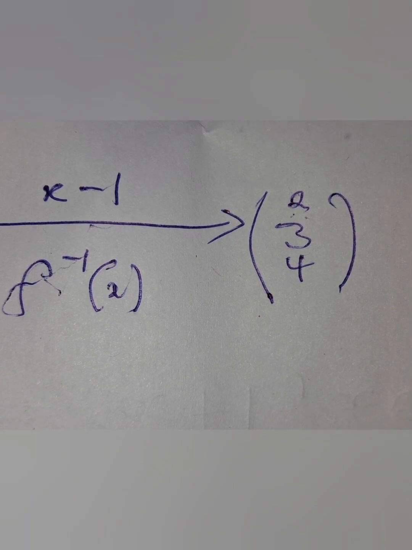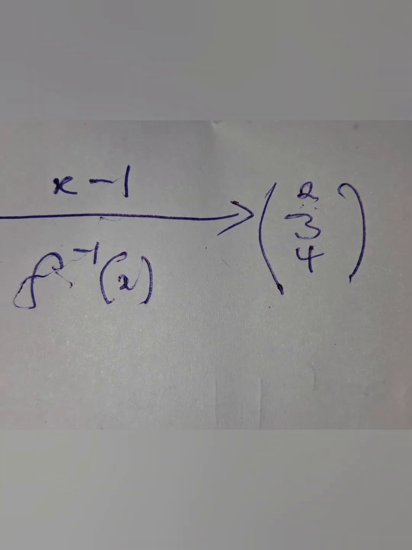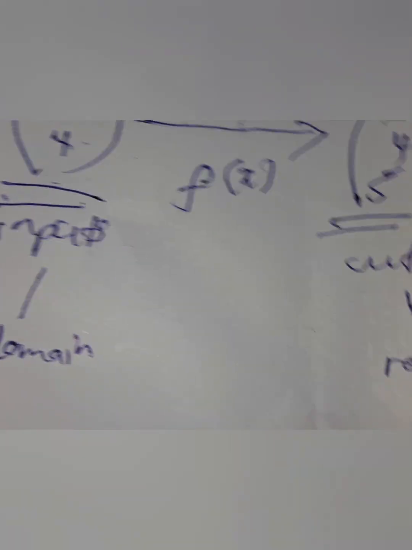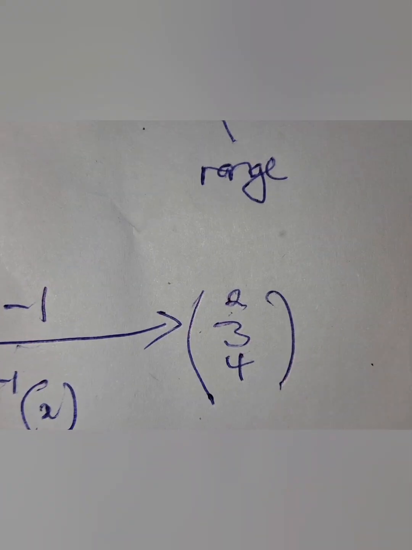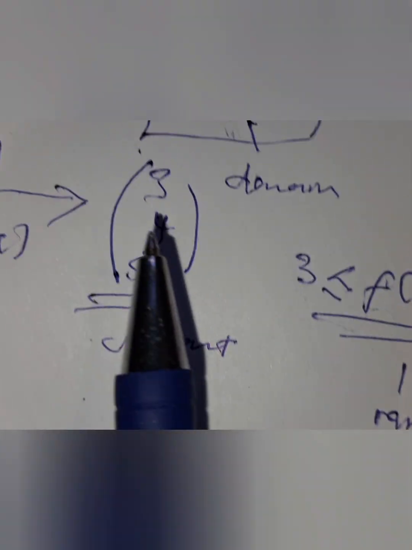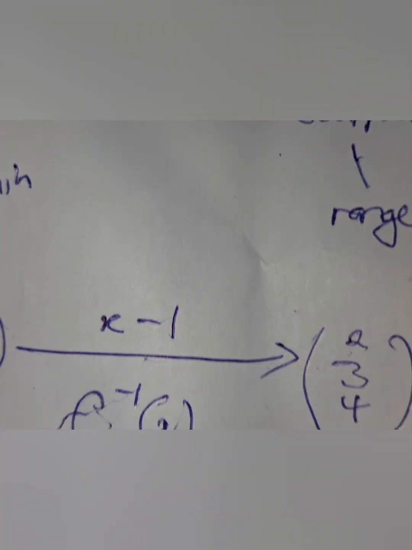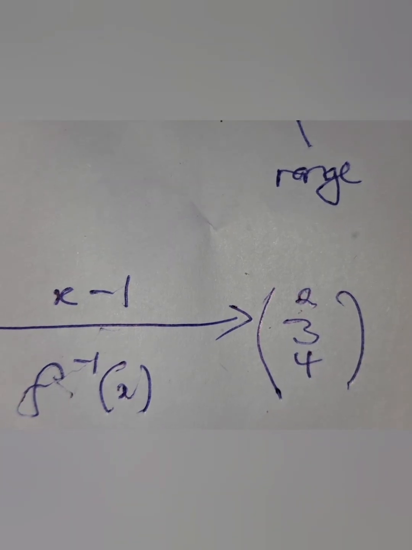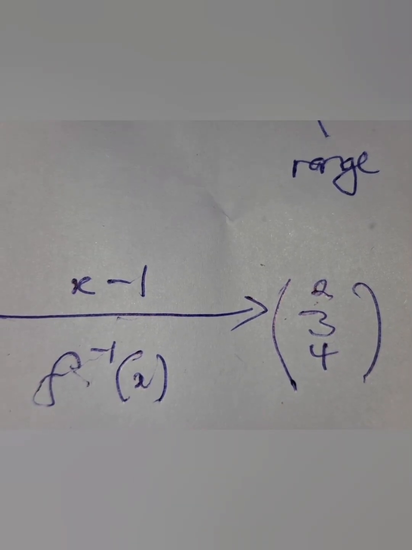In other words, what we put into a function is what we get out of its inverse, and what we get out of a function is what we put into the inverse. So that's the whole idea about functions and their inverses.